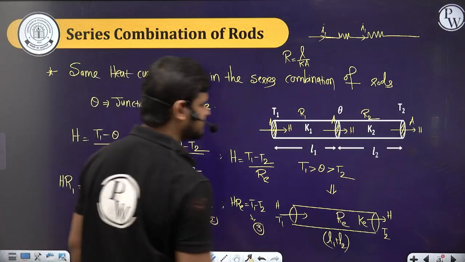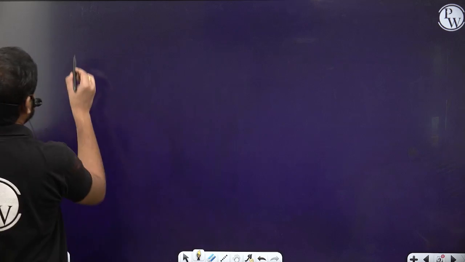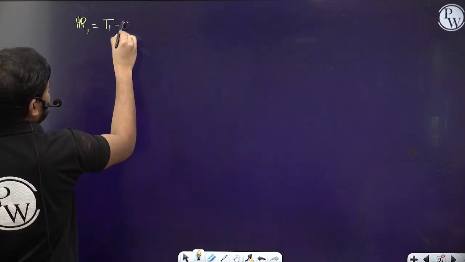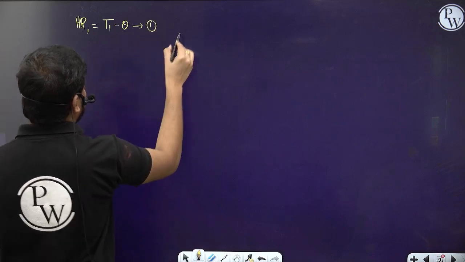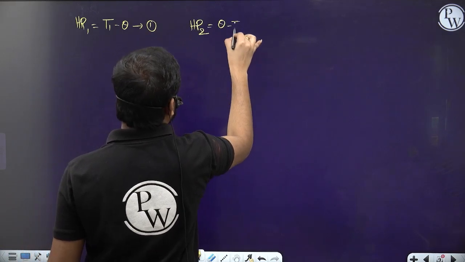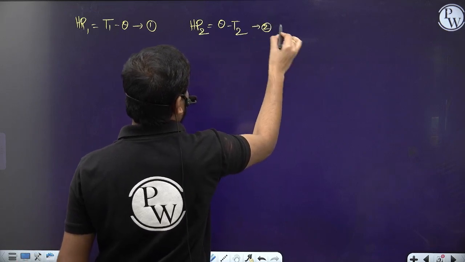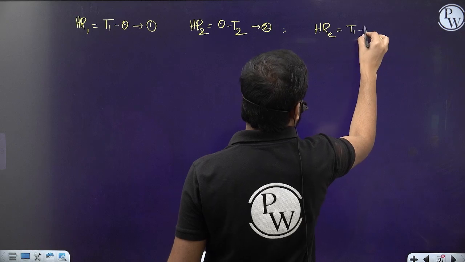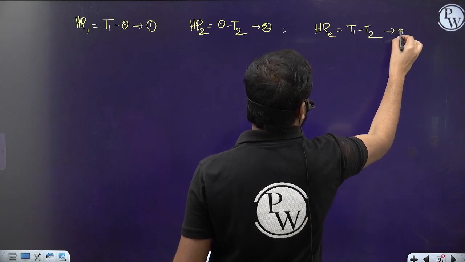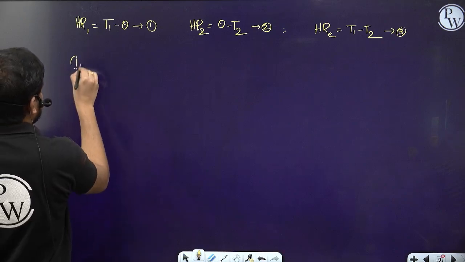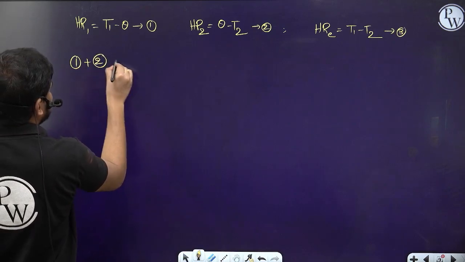Let me write it on the next page. So we have HR1 equals T1 minus theta, equation 1, HR2 equals theta minus T2, equation 2, and HR equivalent equals T1 minus T2, equation 3. Now let's add equation 1 plus equation 2.